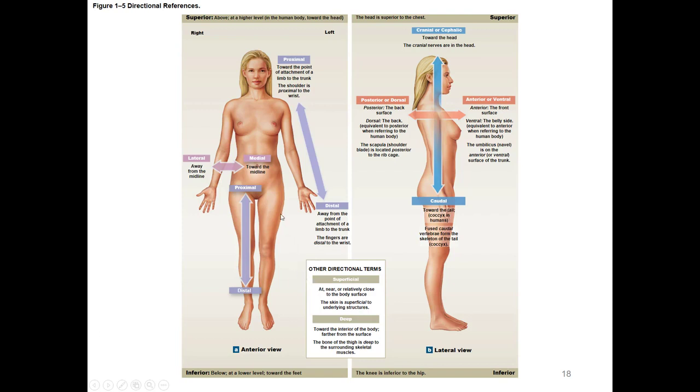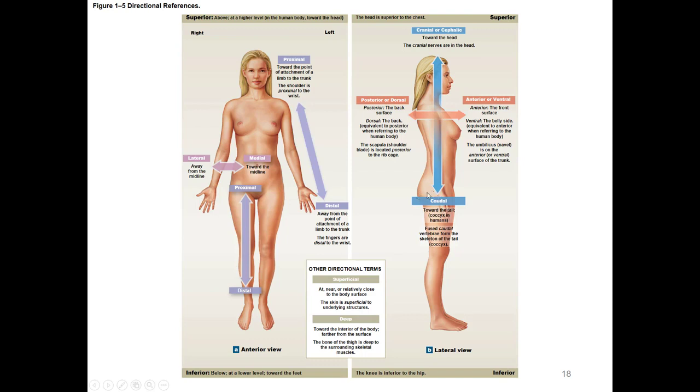Superficial means on the body's surface or very close to the body's surface. Deep is toward the interior of the body, far from the surface. Cranial means toward the head or of the head. Caudal, toward the tail.